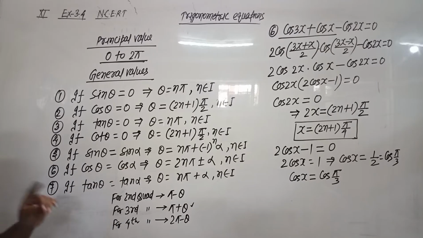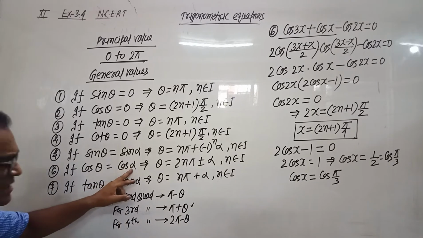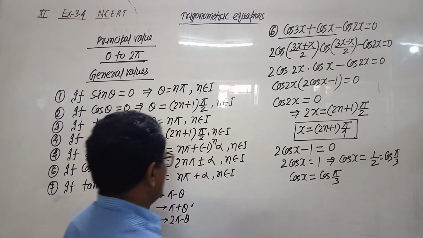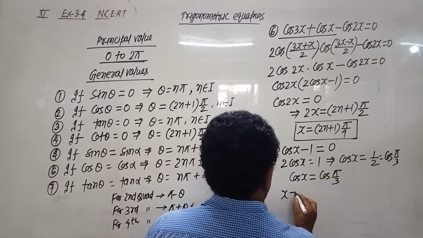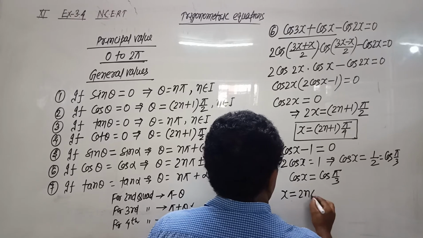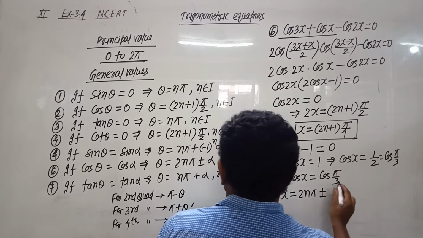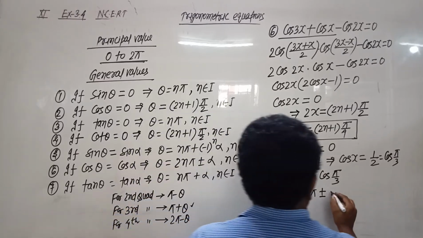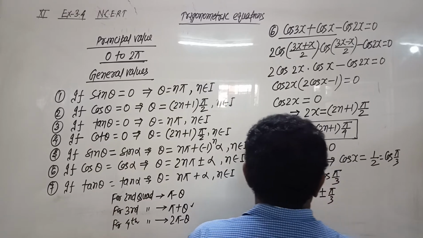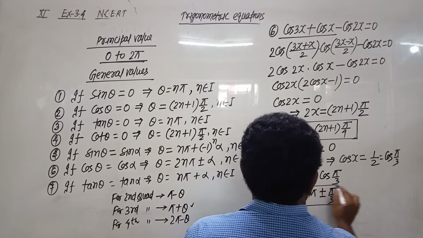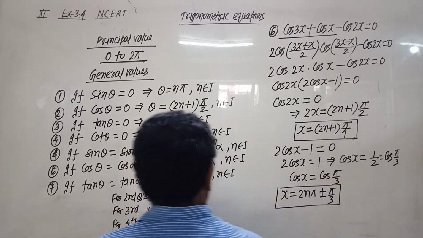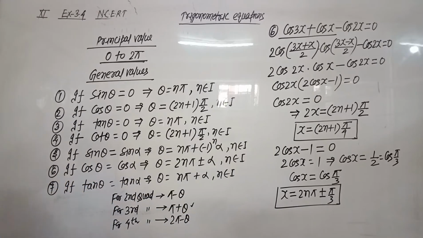The value of theta is x and the value of alpha is pi by 3. So x equals to 2n pi plus minus alpha, where alpha is pi by 3. This is the other general solution, x equals to 2n pi plus minus pi by 3. Now question number 7.